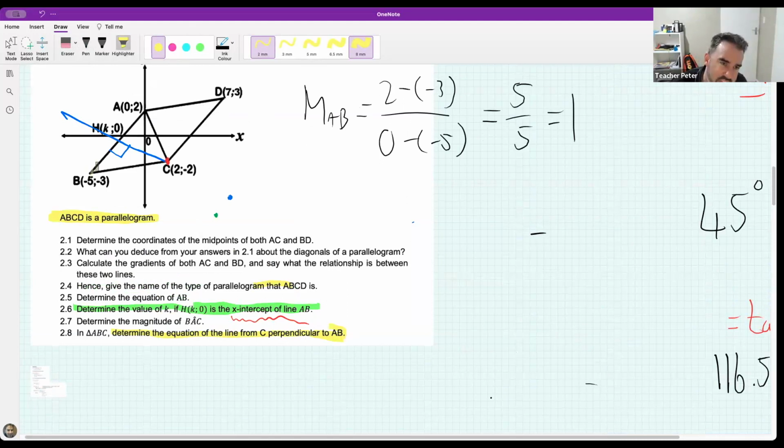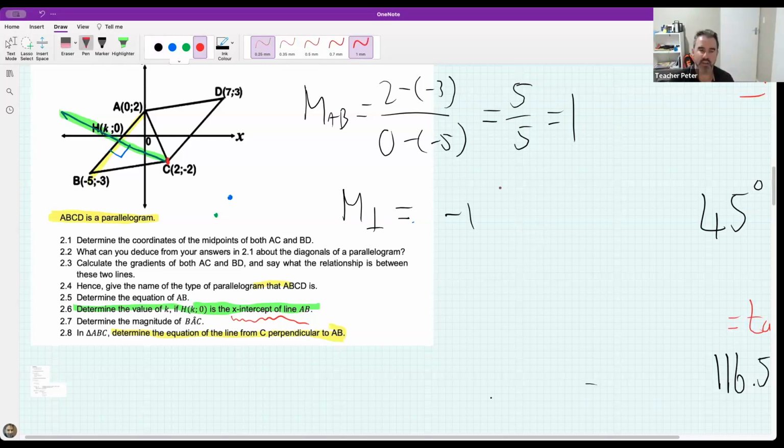And the question told me that the blue line, which I'm going to make the green line now, is perpendicular. So what is the gradient of the perpendicular line going to be if the yellow one is 1? Okay, it has to be -1, because they told me these were perpendicular lines.